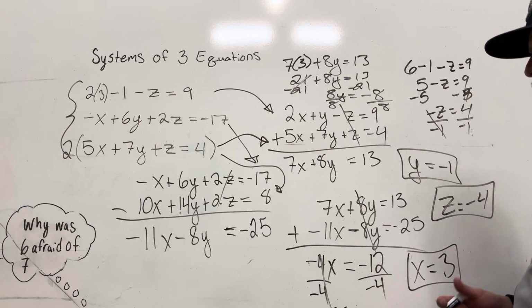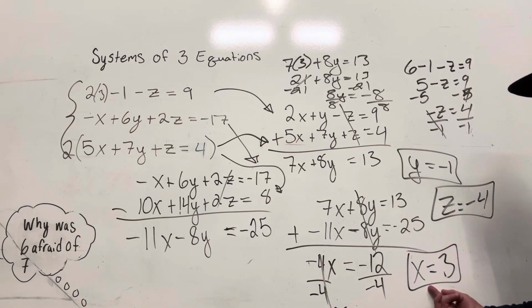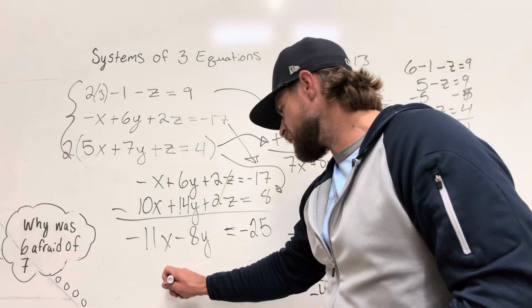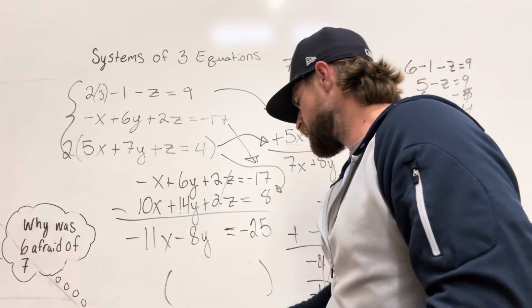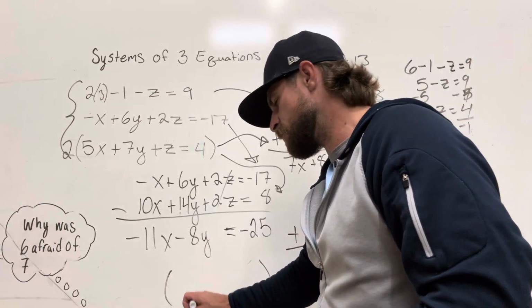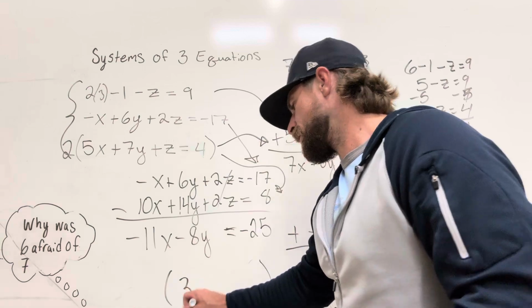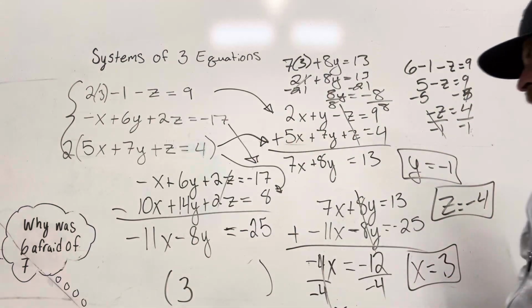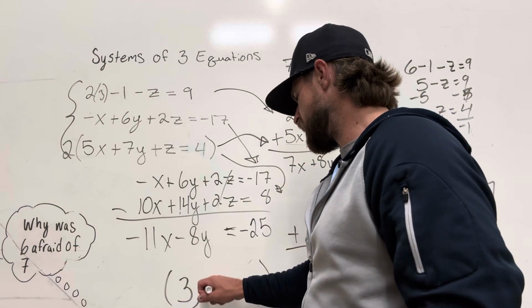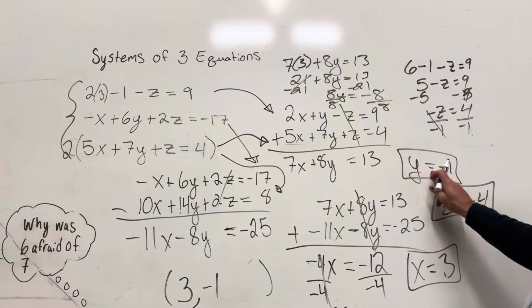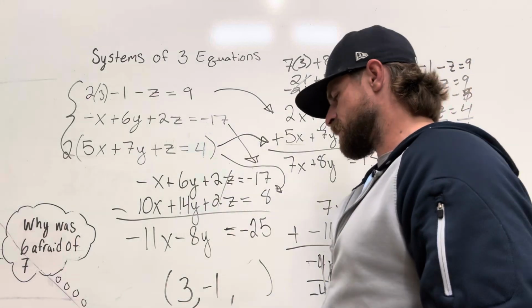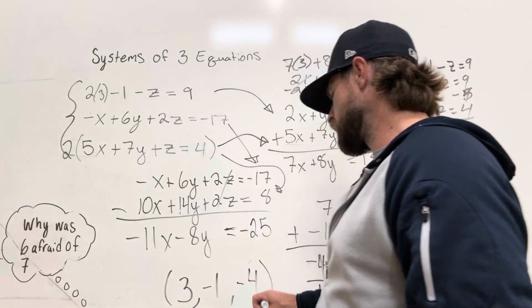So now that you have your x, y, and z value, you can give your answer right here in parentheses. X would be your first value. We got a 3. Your next value is going to be a negative 1. That's your y. And last but not least, negative 4.